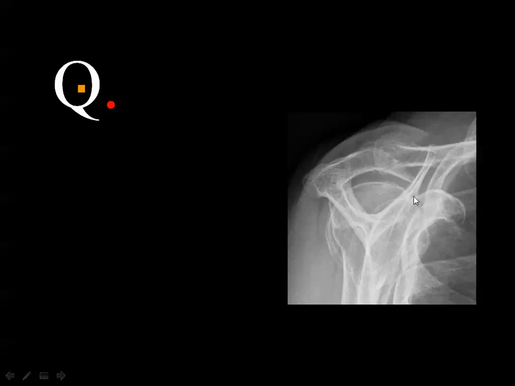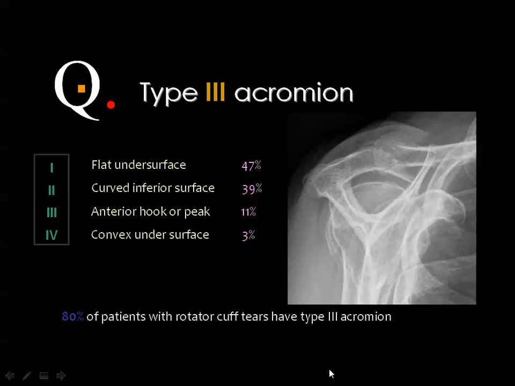This is very prominent hook. This is type 3 acromion with anterior hook. Type 1 flattened under surface. Type 2 curved. Type 3 anterior hook. Type 4 convex under surface.